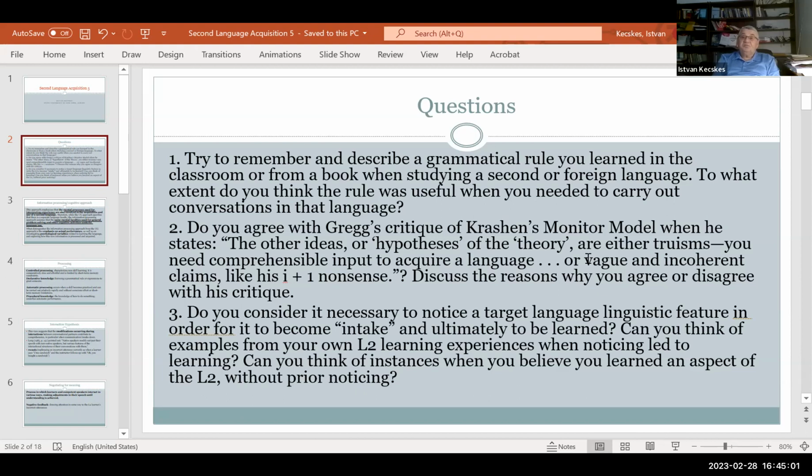Krashen's monitor theory has been with us for a while, and there are still a lot of references to Krashen in scholarly works, and there is no textbook on second language acquisition that doesn't mention it. So what do you think about the theory as a whole, and do you agree with Greg's criticism? You have a couple of minutes to think about it, and then we'll come back to that.